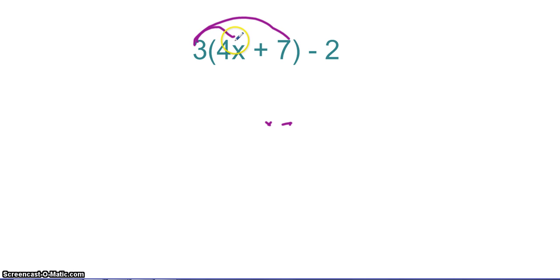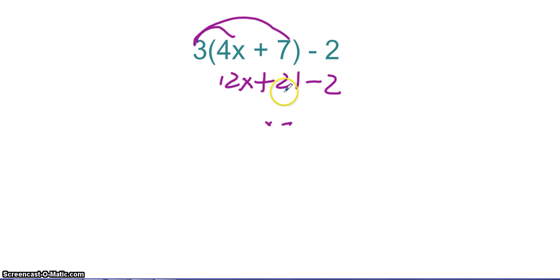We only distribute the number. We only distribute the 3 to the numbers inside of the parentheses, so only to the sum of 4x plus 7. Okay? So 3 times 4, which is the coefficient, would be 12, and again the variable remains the same, so it's 12x plus 3 times 7 is 21, and subtract 2.